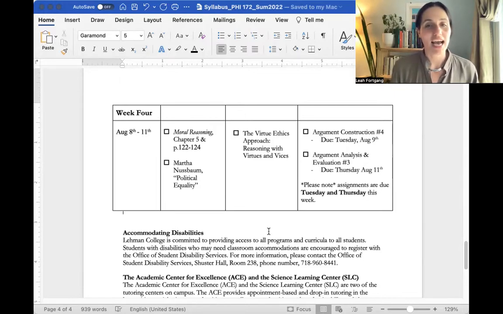And what we're going to be looking at there are some connections with political equality.